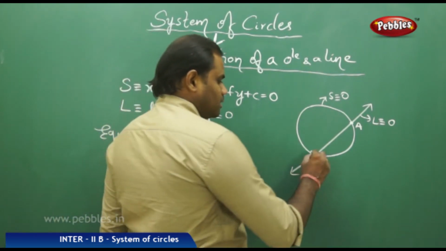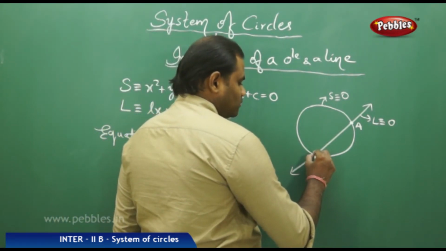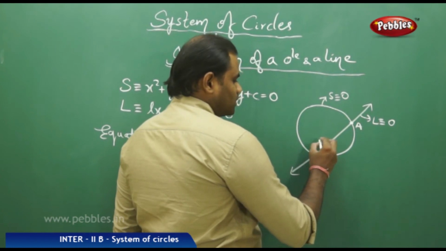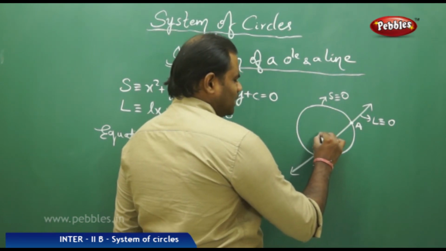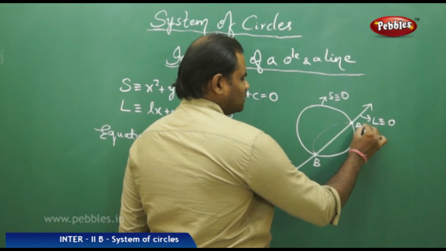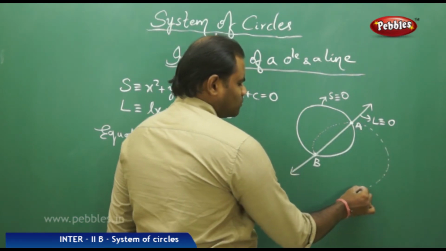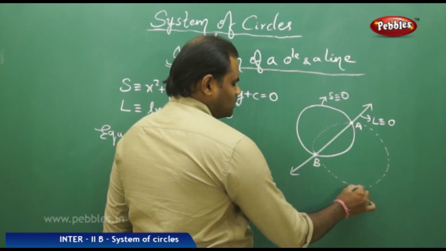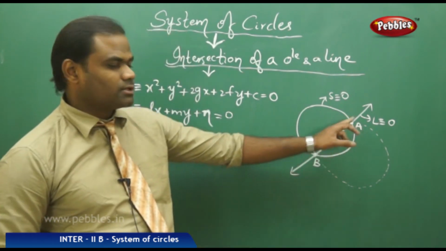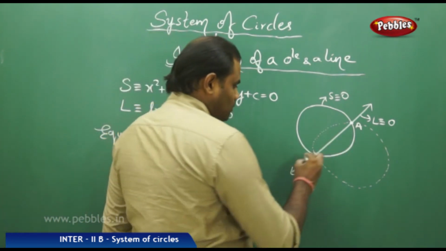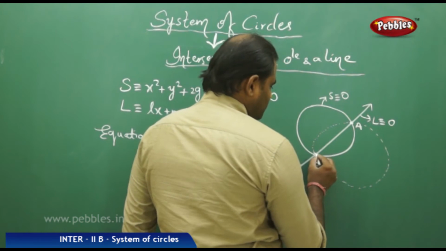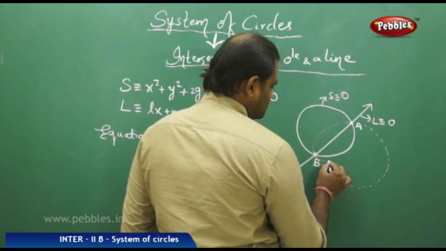So initially, if I want to find the equation of a circle passing through this chord AB, or I want to find another equation which is like this.